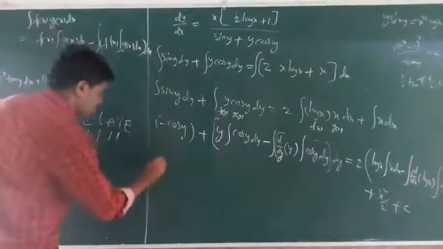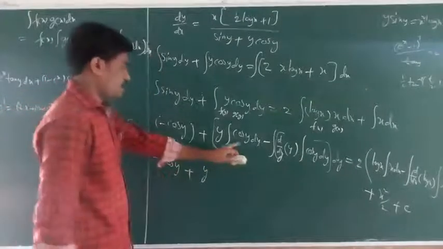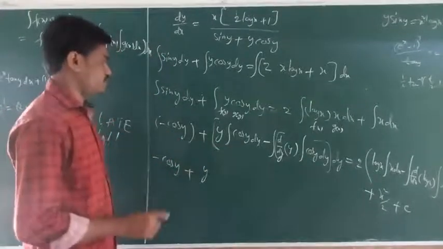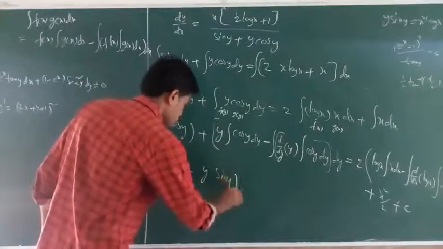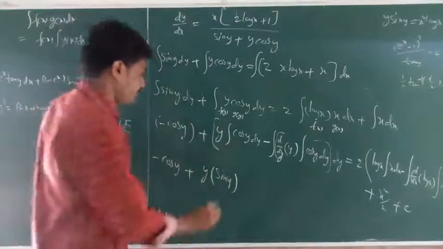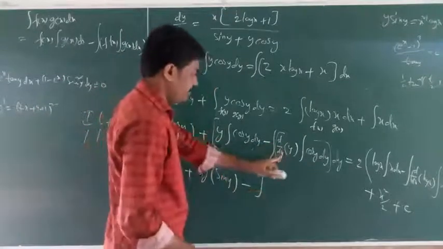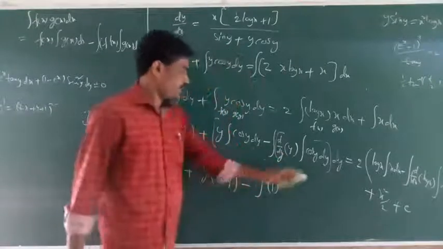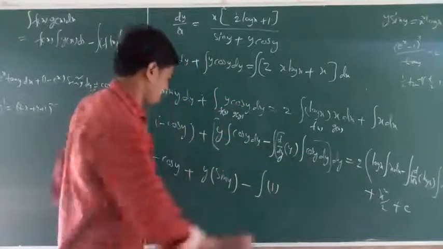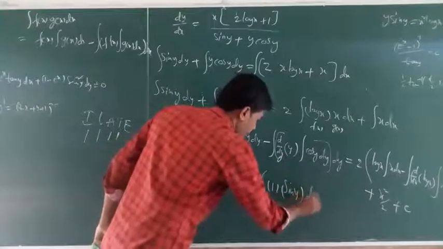Okay. So minus cos y plus y into sin y, minus d by dy of y, which is 1, into integration of sin y dy.